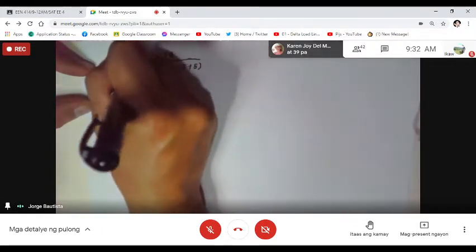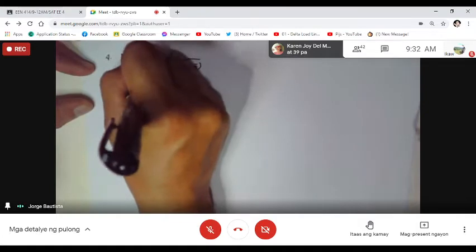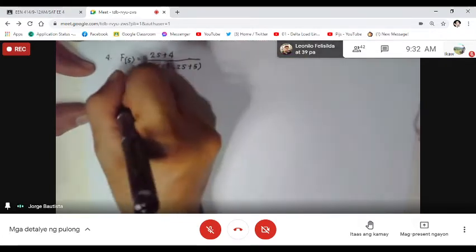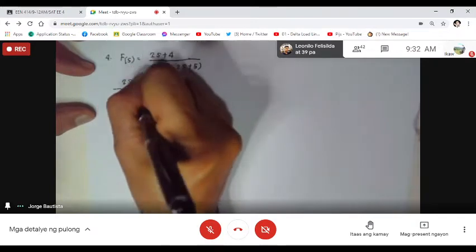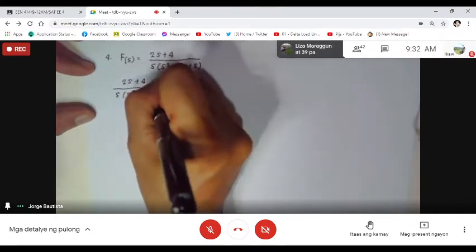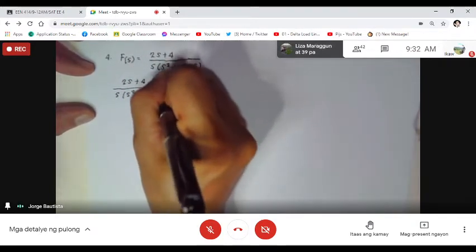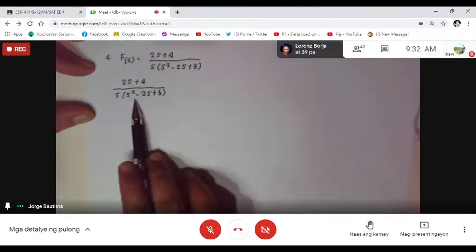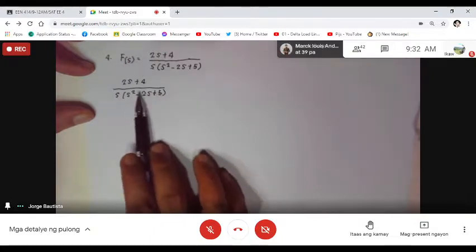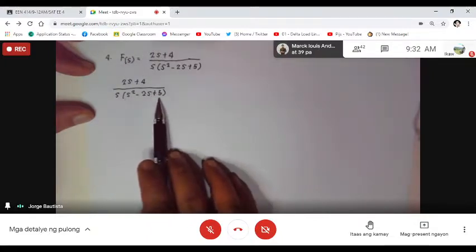So we have 2s plus 4 all over s squared minus 2s plus 5. This one is complex.